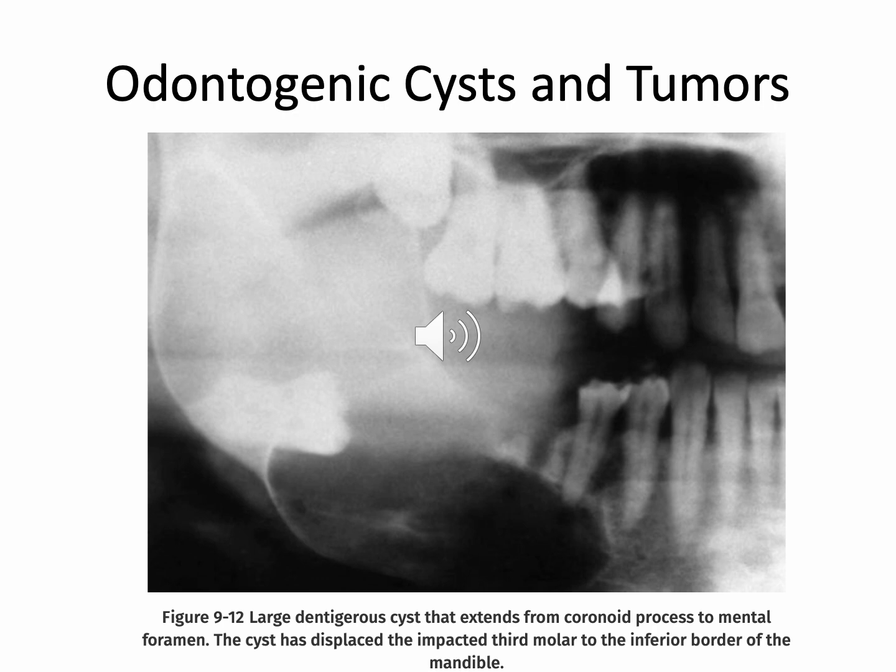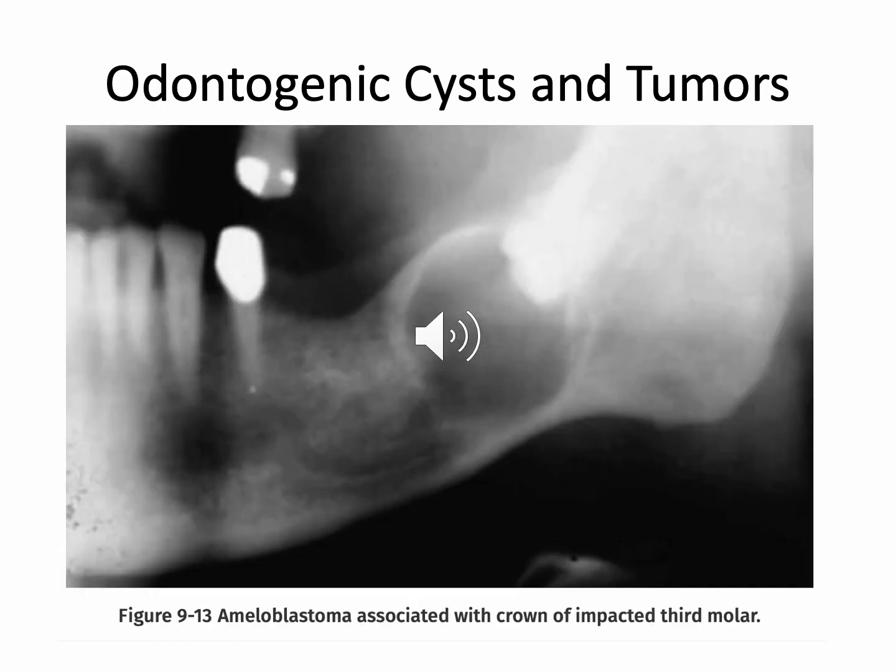In any event, it's worth picking up something like this when it's smaller, like in the previous radiograph, compared to when it's massive like this. Obviously, much harder to treat. And this is an example of a lesion which turned out to be ameloblastoma associated with impacted third molar 3-8.